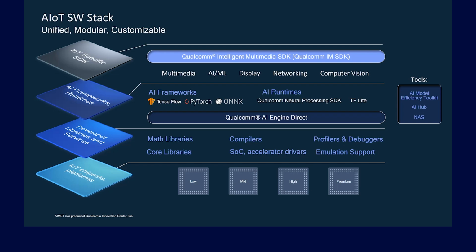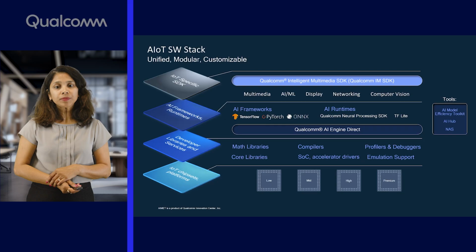We start with the Qualcomm AI Engine Direct, which is our modular APIs that you can use to deploy your applications optimally on any of the underlying hardware cores, be it CPU, GPU, or the NPU. On top of it, we support two major runtimes.